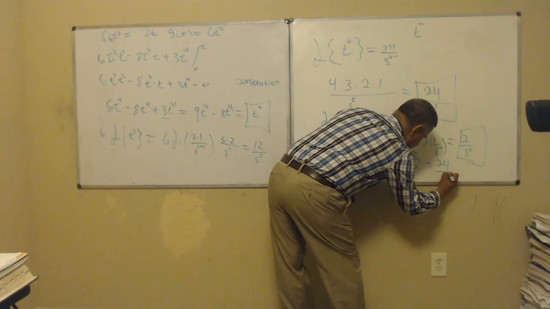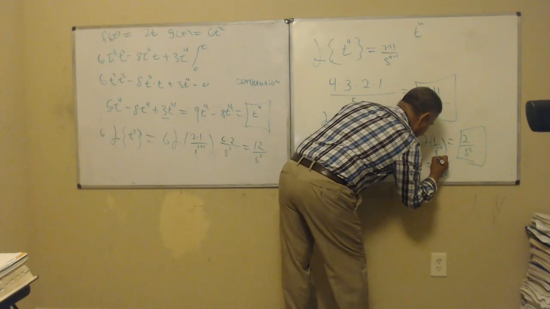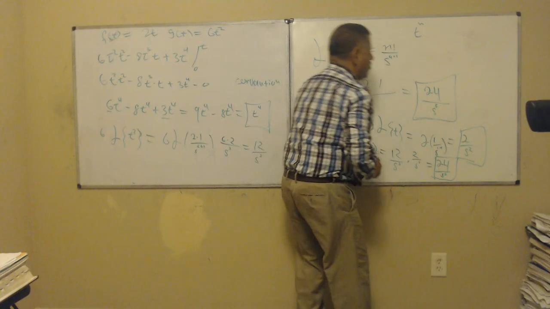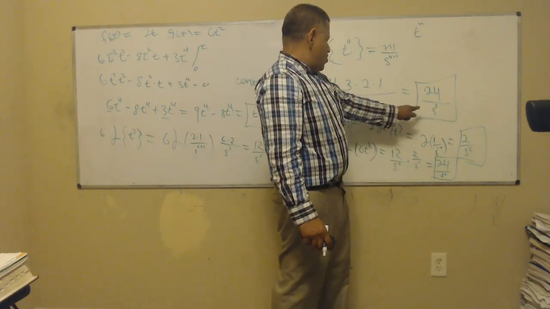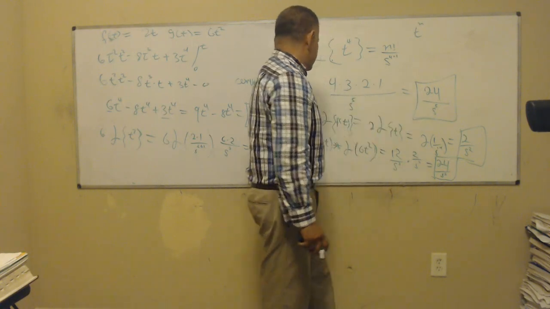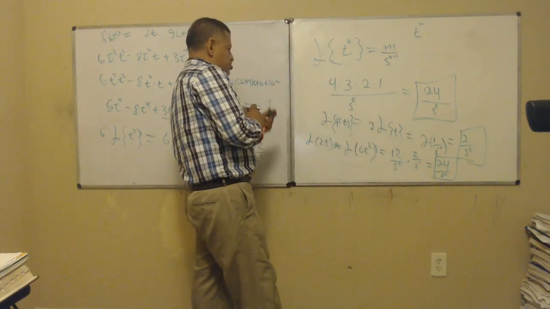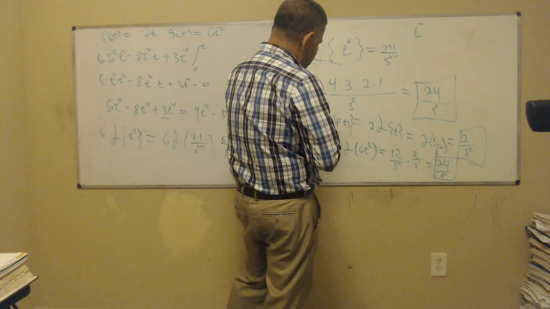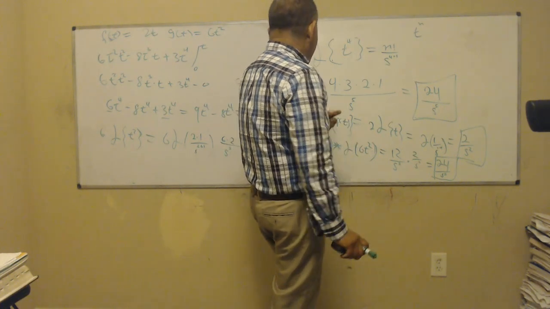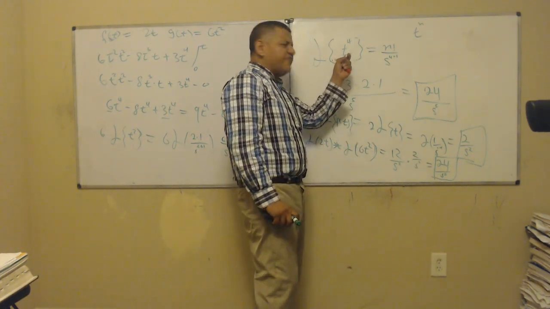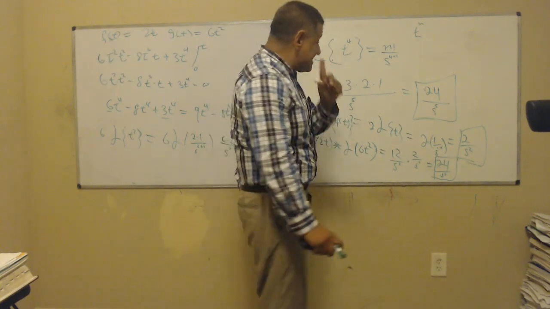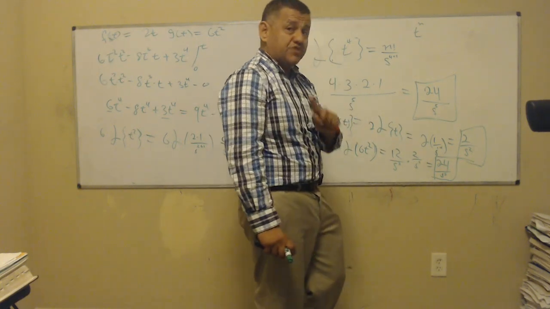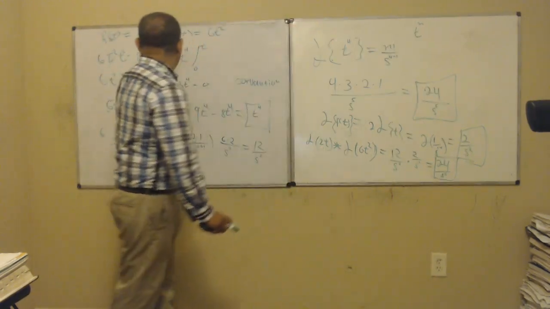S to the fifth. And that is exactly what we got when we did the convolution. In other words, when we took the Laplace transform of the convolution, we got the same thing as taking the individual Laplace transform of each function.